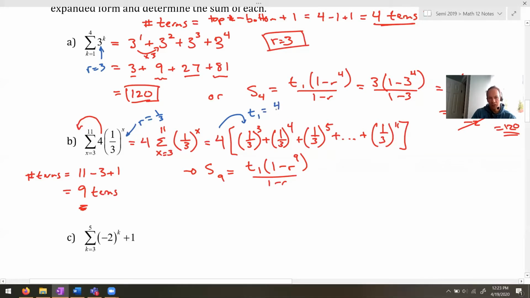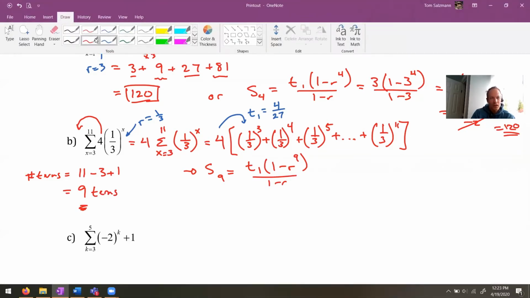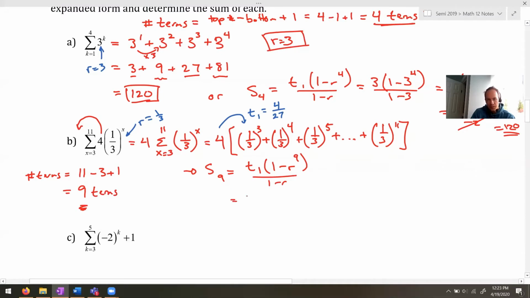I'm going to write that as 4 over 3 cubed, which is 27. It's easiest for me to just multiply the 4 in. So this will be 4 over 27.